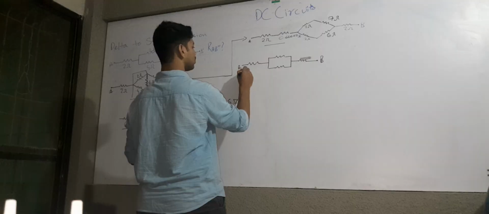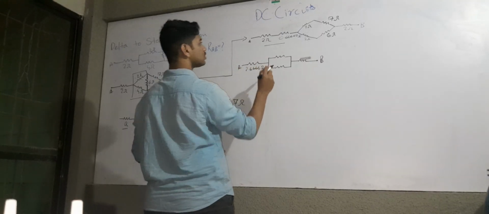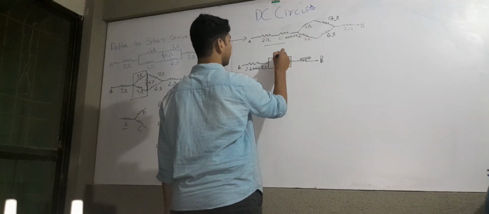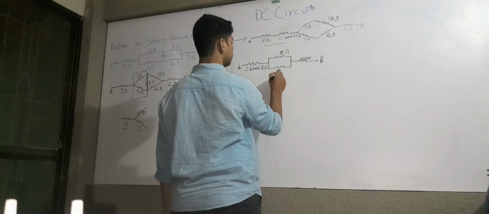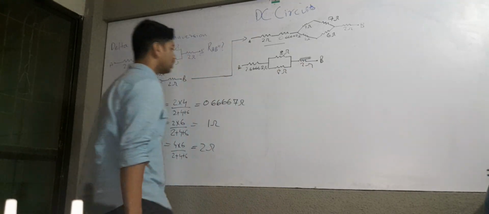So this is 2.66667 ohms and we've clubbed this, which is 8 ohms, and here also 8 ohms, and this one is 2 ohms.